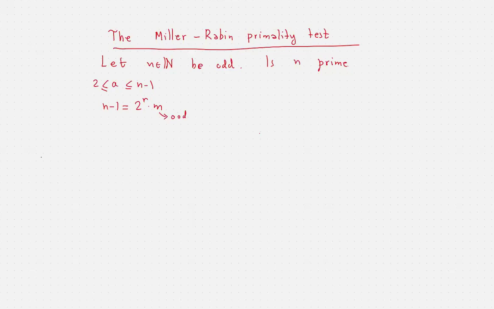Does n divide a to the m minus 1, which is equivalent, of course, to asking if a to the m is congruent to 1 mod n?